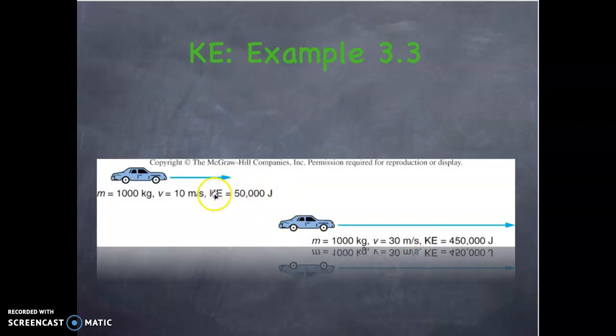This shows a car moving to our right at 10 meters per second. It has a kinetic energy of 50,000 joules. If the same car is moving 3 times faster, 30 meters per second, notice that the kinetic energy is not just 3 times more, but tremendously more, 450,000 joules.